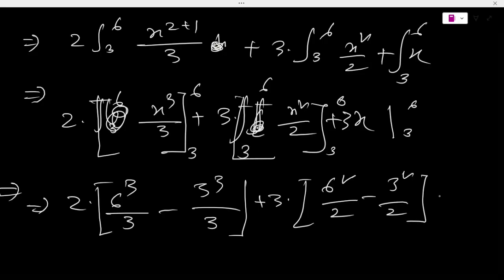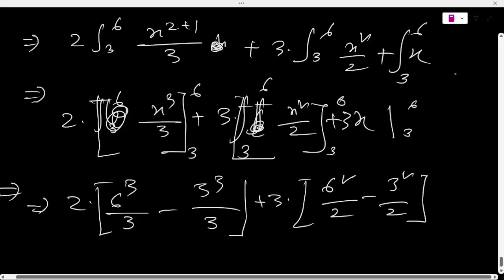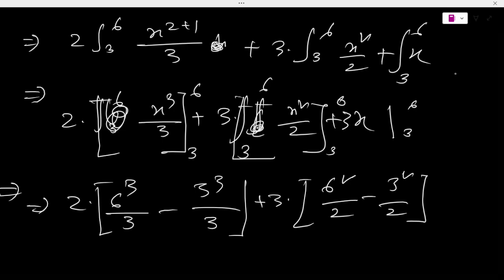Plus, after that it will be 5 into (6 minus 3).